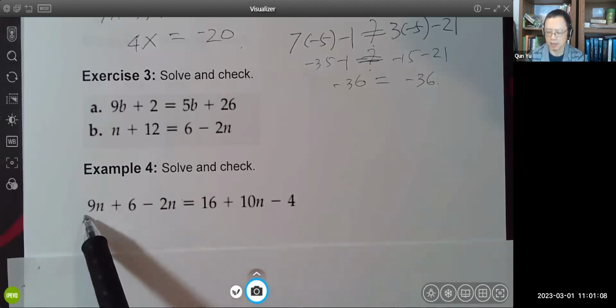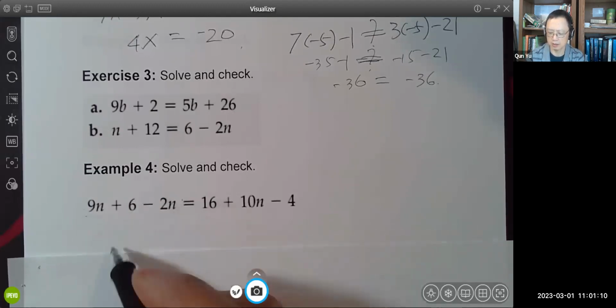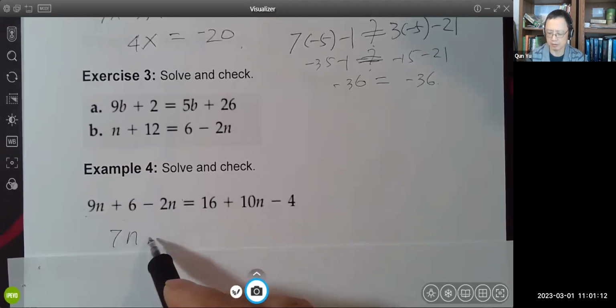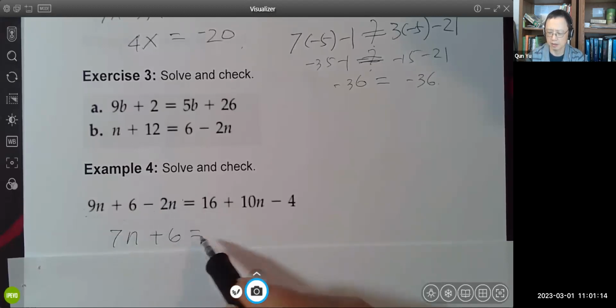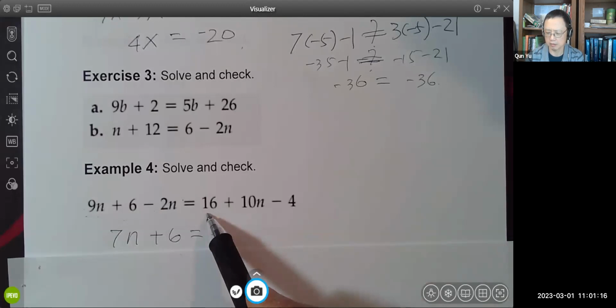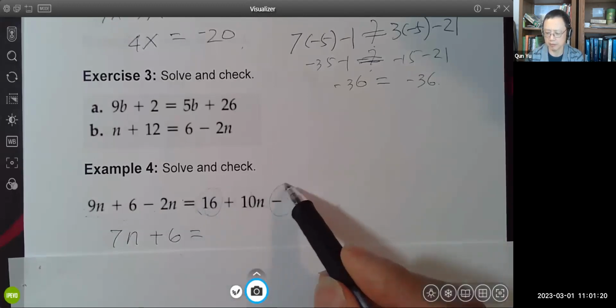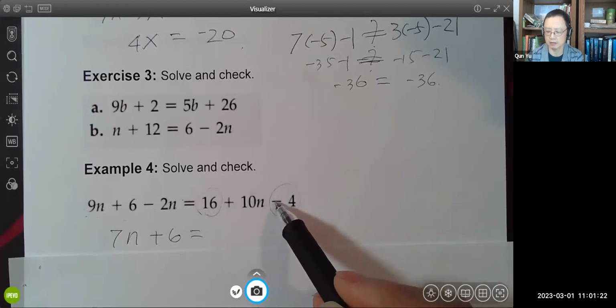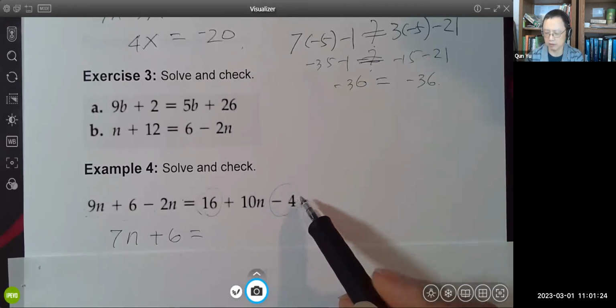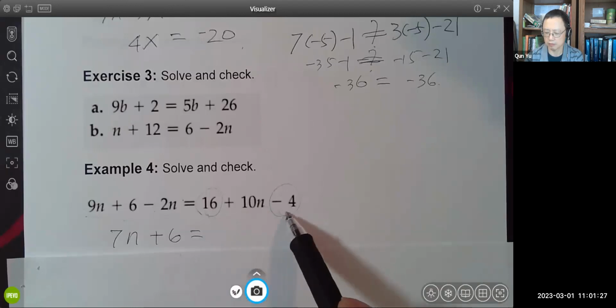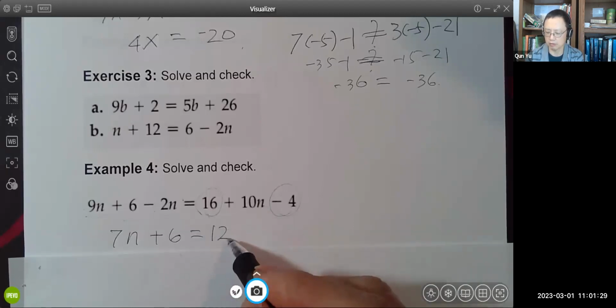Okay, 9n minus 2n, that's a 7n plus 6. On this side, positive 16 and -4, when you combine, just look at these terms one by one. Take the sign in the front as positive or negative. So 16 and -4 combined, you get positive 12. You still have positive 10n.